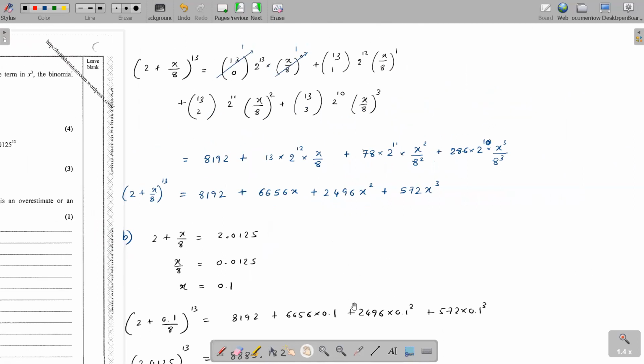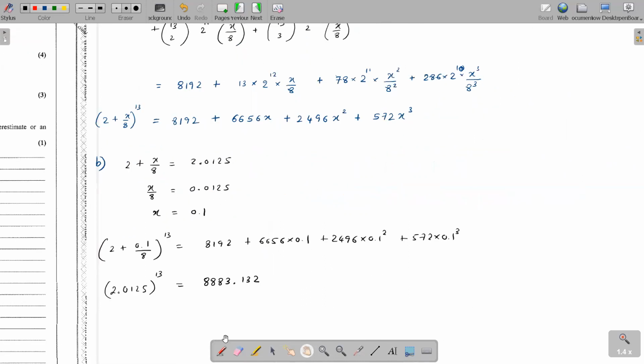It does not end here, because we have 1 to the power 13. So we have so many other terms. We can expand this until x over 8 to the power 13. So you get a lot more terms, all the way until x to the power 13.